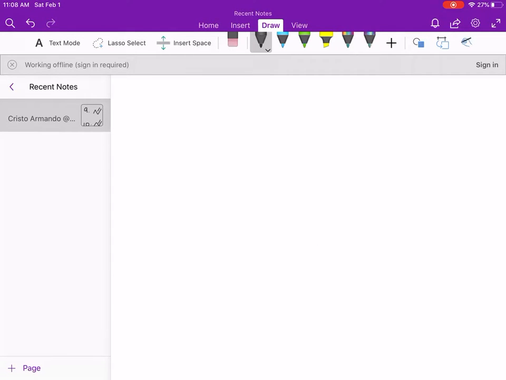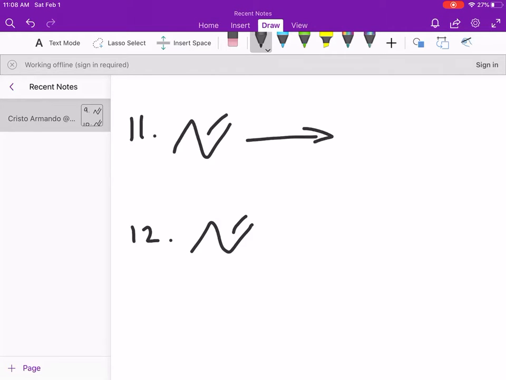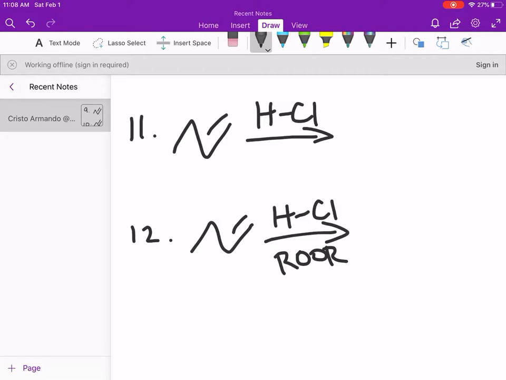Now we can do 11 and 12. So we're going to have the same reactant in 11 and 12 as we did in 9 and 10. We have HCl, and then we have HCl with its catalyst. So in number 11, we're going to have the chlorine add in a Markovnikov fashion.